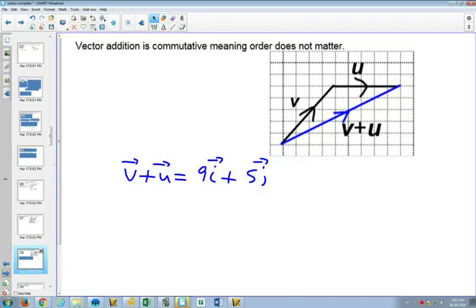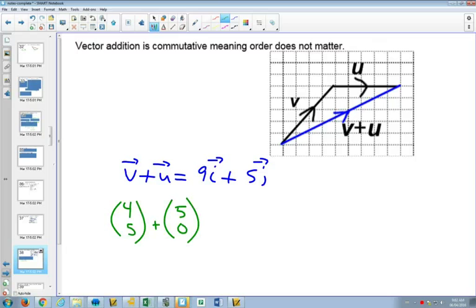So in this case, if we added them together, my vector u was 5, 0, and my vector v was 4, 5. Again, the column vector is really easy to see the math, but you could write it with your unit vectors as well.